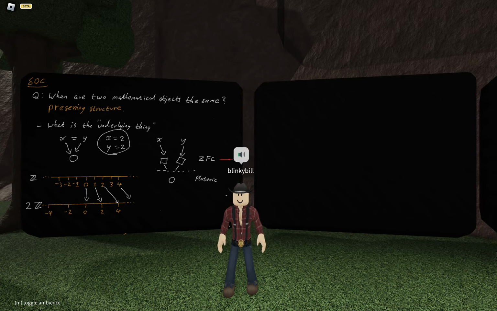Zero stays as zero, minus one becomes minus two, and so on. Oh, let me draw this picture a bit better. There's a missing arrow for 3.